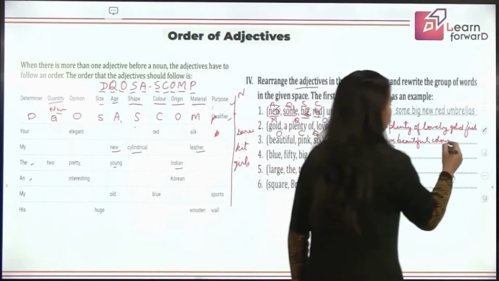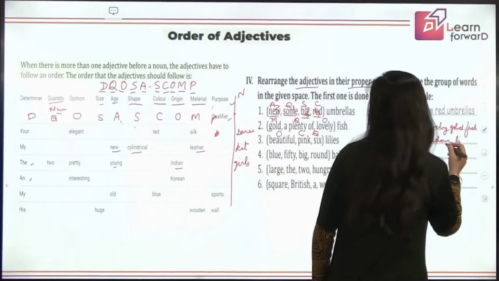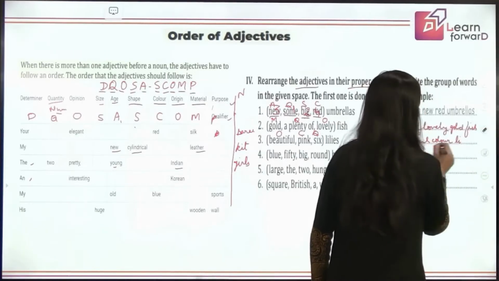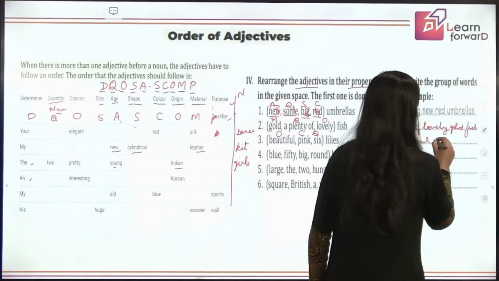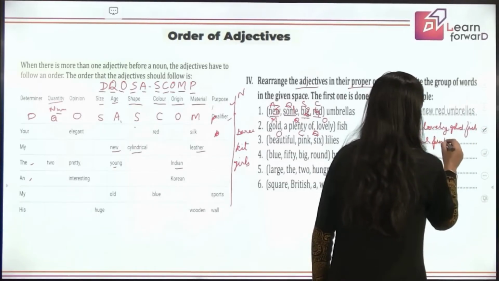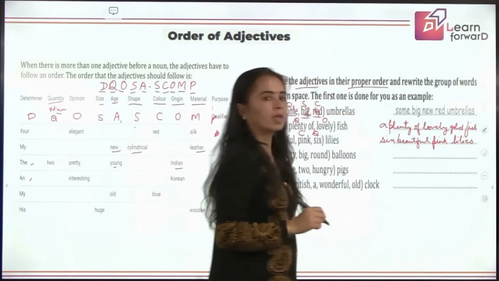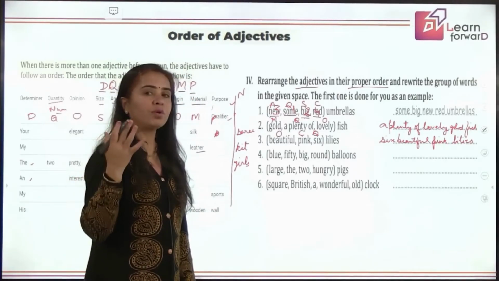Lilies. 6 beautiful pink lilies. Not color, we have to write the name of the color that is given. Pink lilies. Understood? So is that easy for you to do? Will you try it yourself?